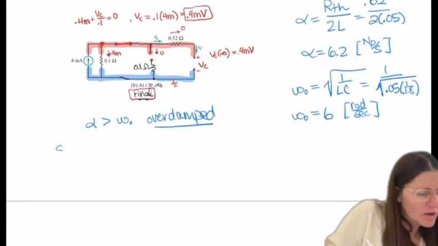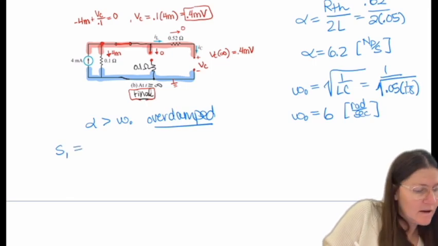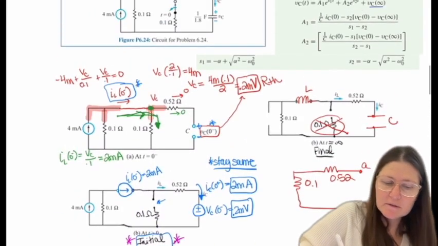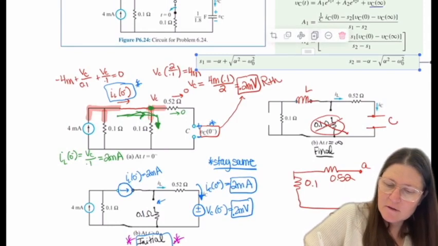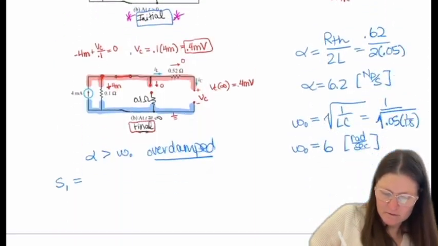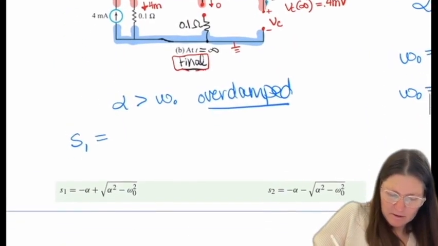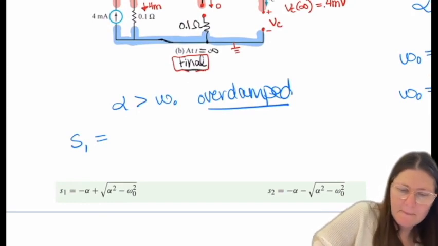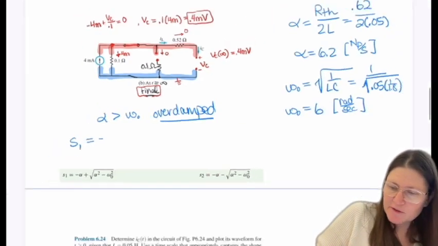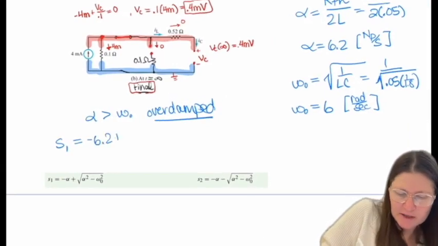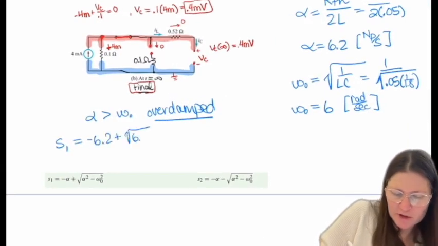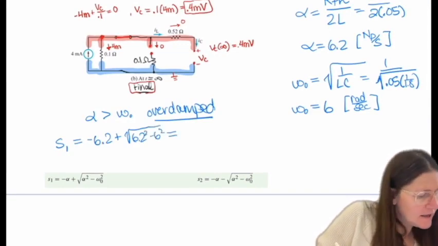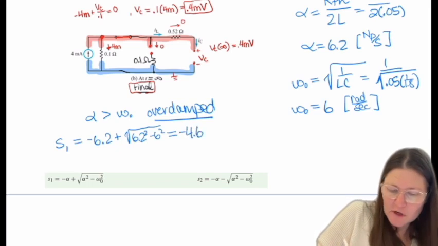And then S1 is, copy that down here. So S1 is minus alpha, and alpha was 6.2, so minus 6.2 plus the square root of 6.2 squared minus 6 squared, and that gives a minus 4.64.